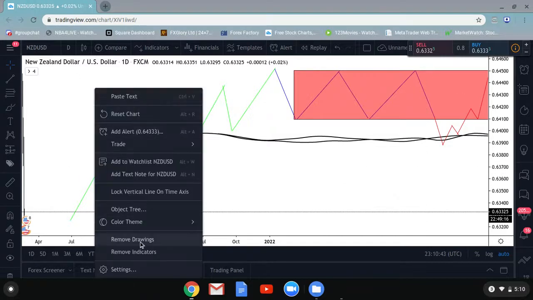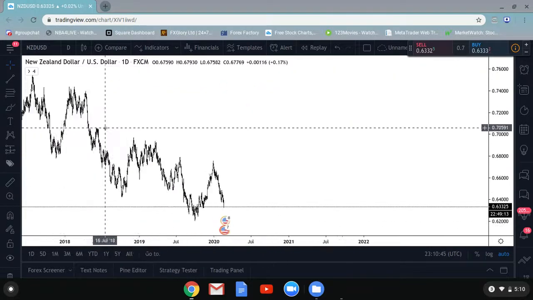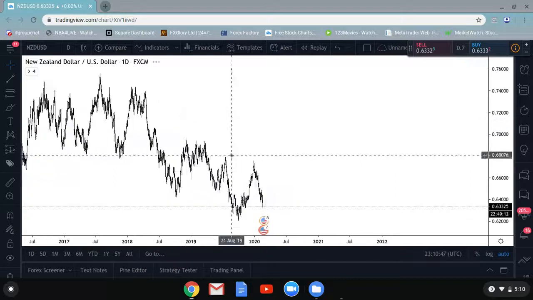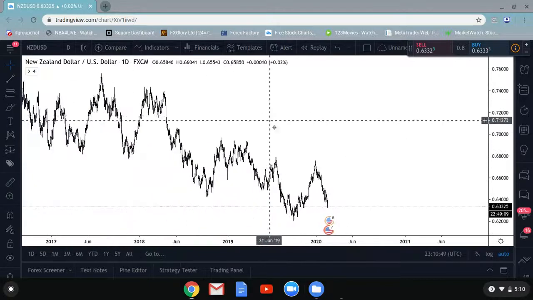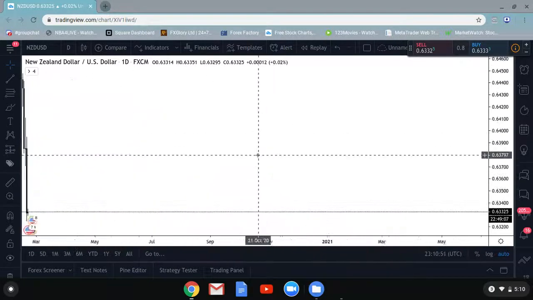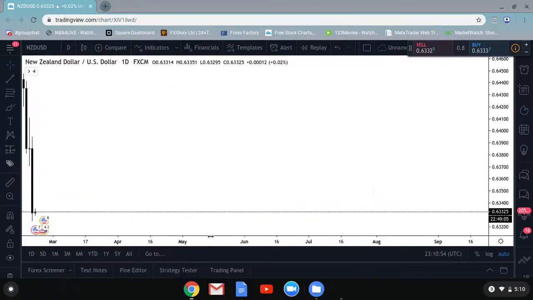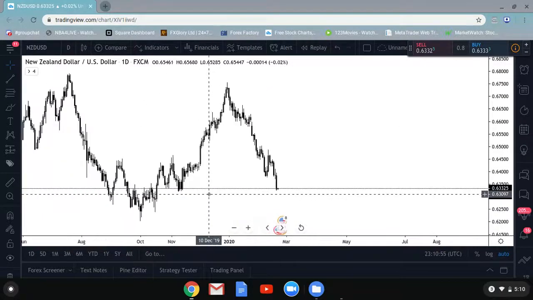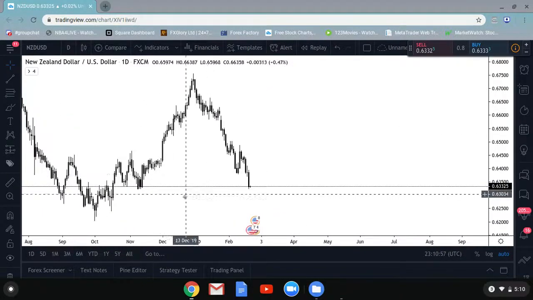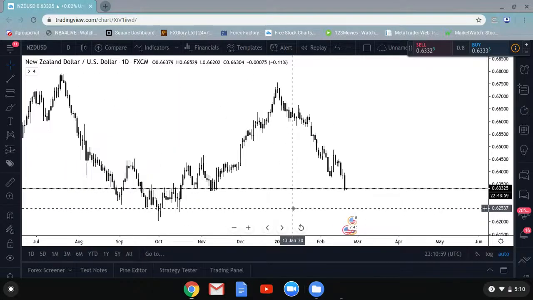Let's go ahead and remove this. This is the daily chart, okay? And let's take a look. Let's see if we can take a look here, and just see a good example of this.